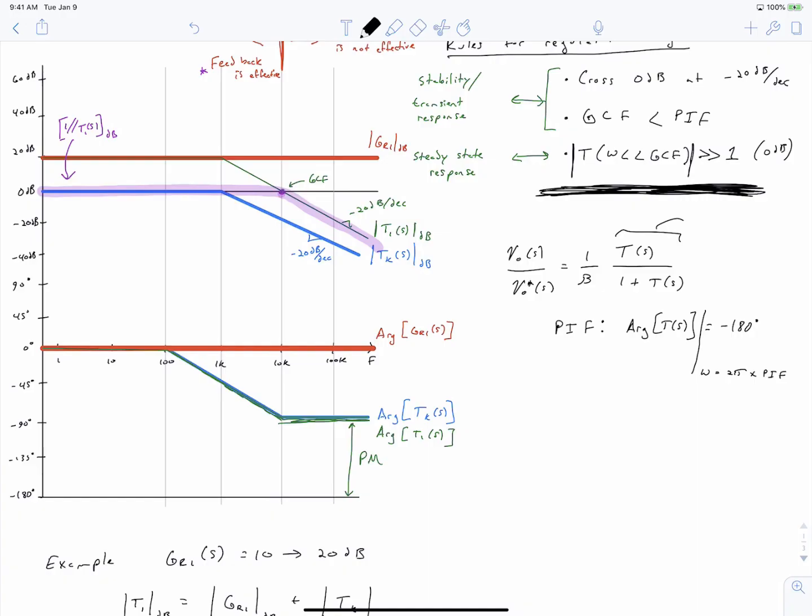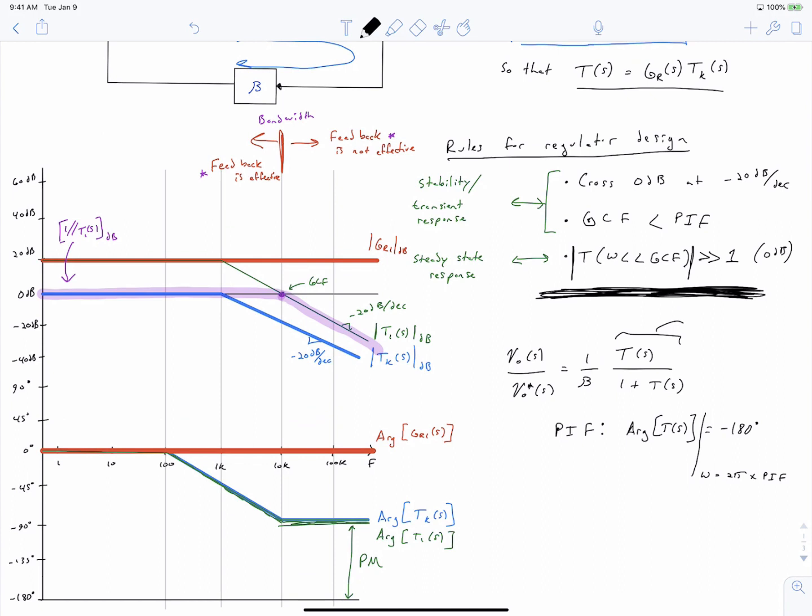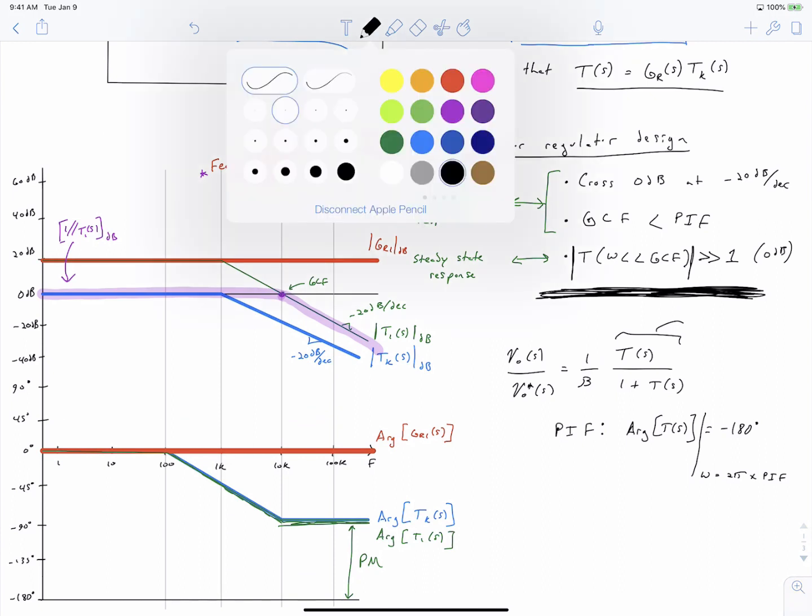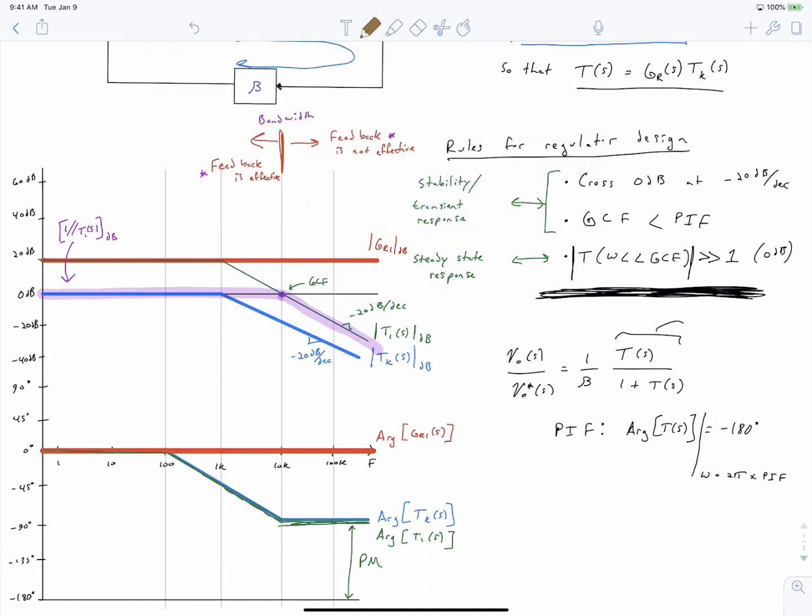And so what we'd actually like to have happen is we'd like our loop gain to look something like this. So in the high frequency regime, it can follow the path that it's currently on. But in the low frequency regime, we'd like it to keep increasing as our frequency decreases. As far as we're concerned, it'd be great if that just continued off towards infinity for 0 hertz.